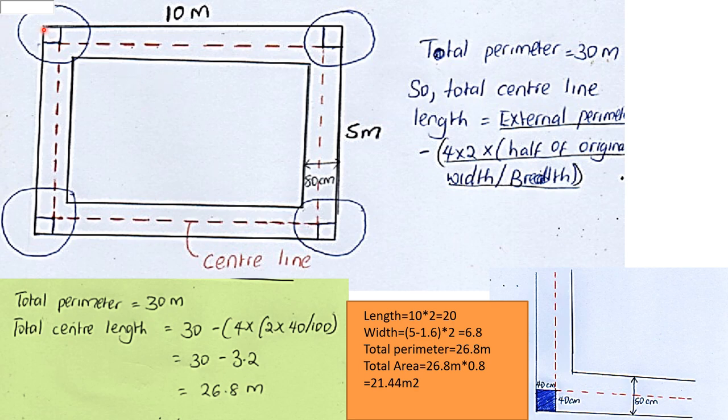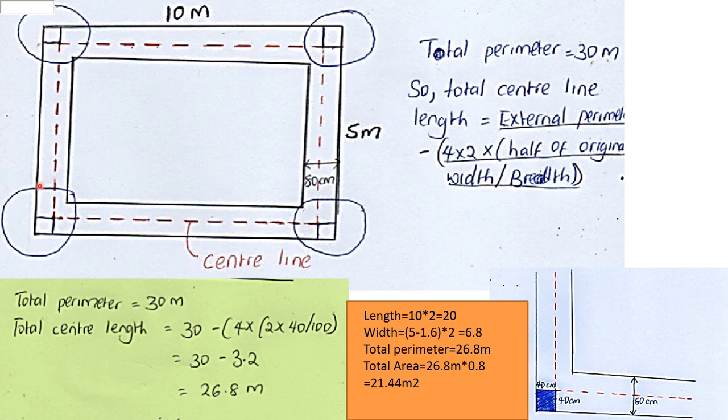So if we have a rectangle like this one, now we want to introduce another concept. You can see that at the corners here, we have a corner here, another corner here, and another corner here. If you look closely, this red broken line passing through the thickness of the wall, as compared to the external dimensions, we are taking the external dimensions minus half the thickness this side and half the thickness this side.